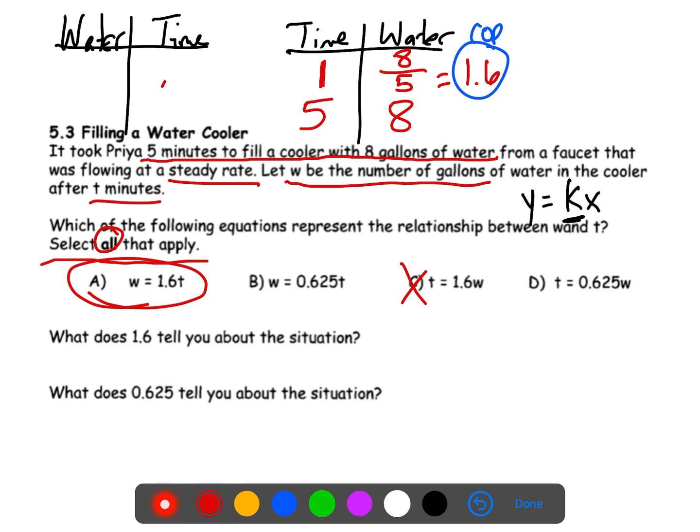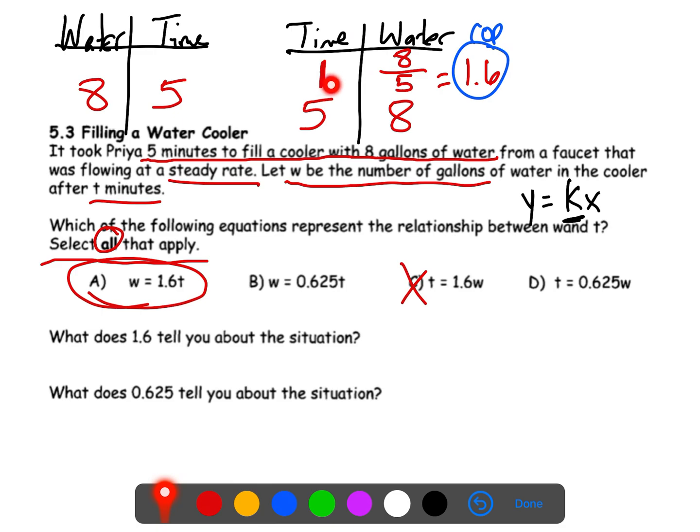If I wrote 5 minutes here and 8 gallons of water here, this is going to represent a different constant of proportionality because something times 8 will give me 5. So what I'm finding by doing this now is not what we found in the first table.